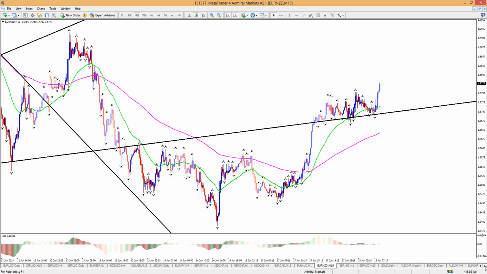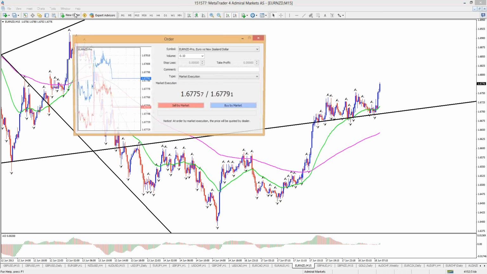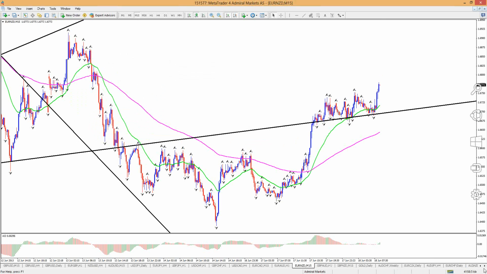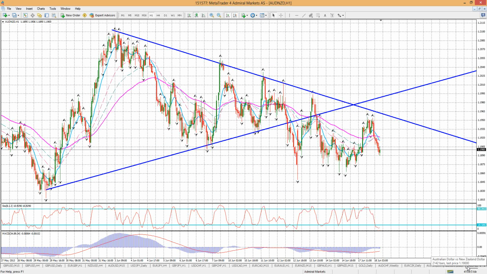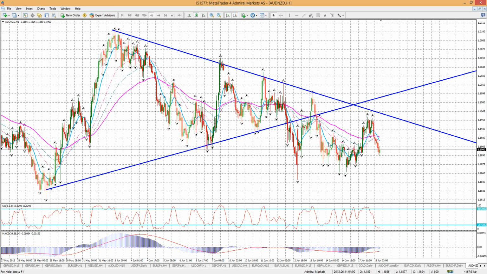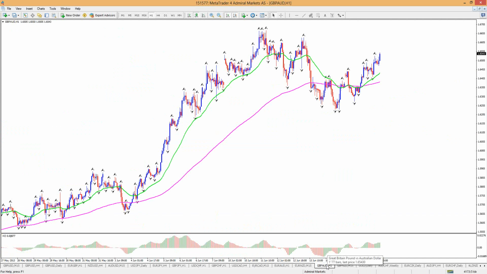Let me just take a quick look at the Aussie New Zealand, which is still moving to the downside. We got that break of this bigger wedge here, as you see. I still have the lines on. Just want to take a look at all of them, actually.